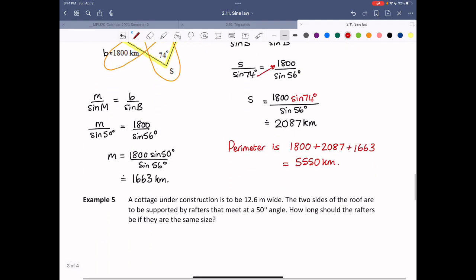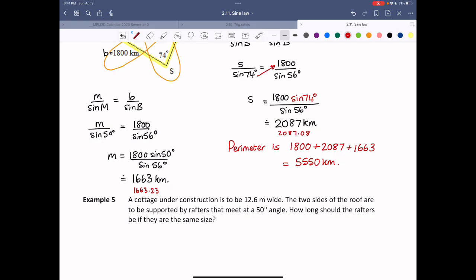Okay, so to the nearest 100 kilometers, maybe I should have gone for decimal places. Let's see. I'm going to go back in my history. This was actually 1663.23, and this one was actually 2087.08.